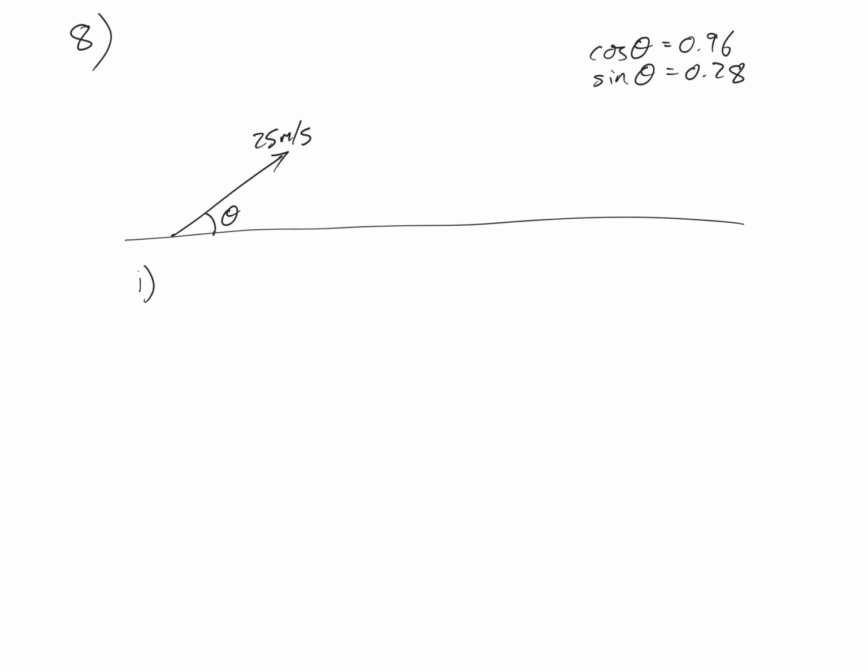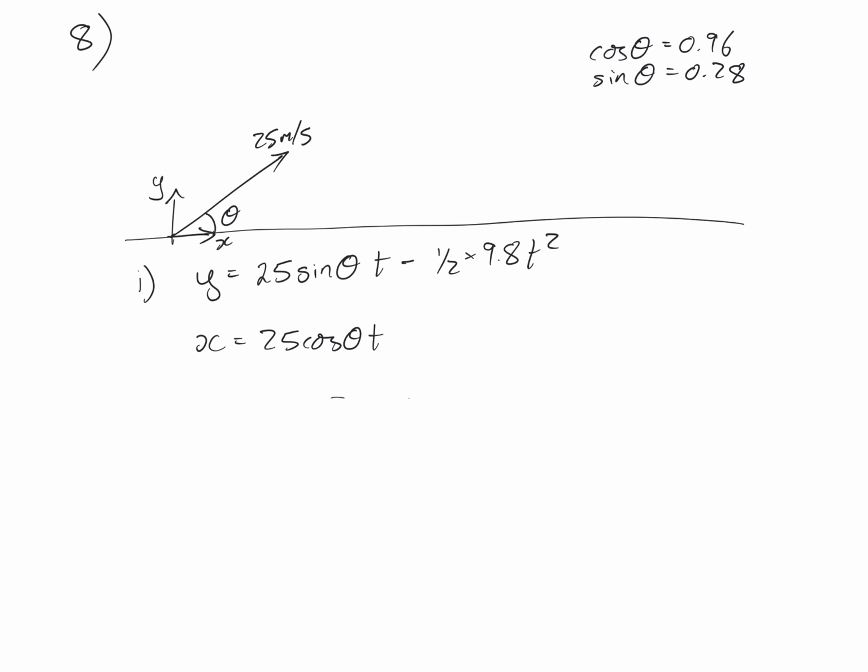Okay, show that the height y above the ground after projection is given by. So we want y equals ut, which is 25 sine theta t minus half 9.8 t squared, and it's starting at the horizontal, so x equals 25 cos theta t.